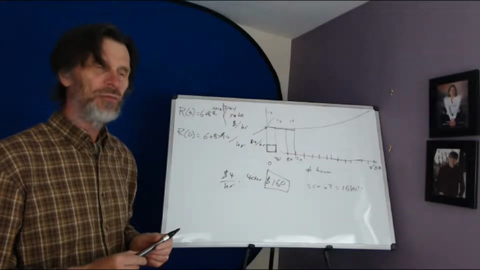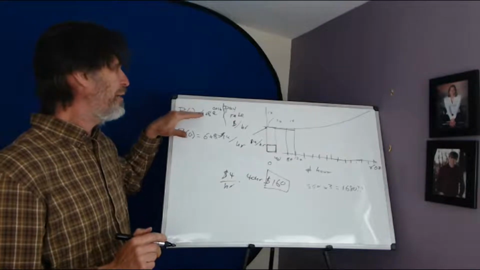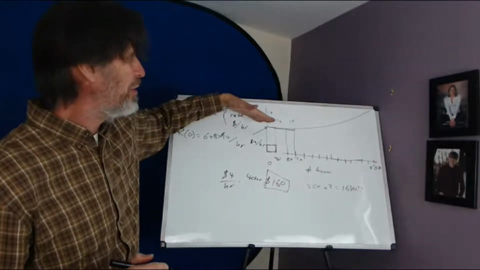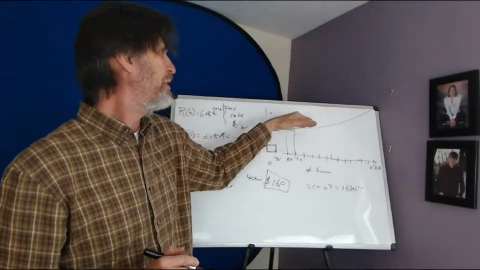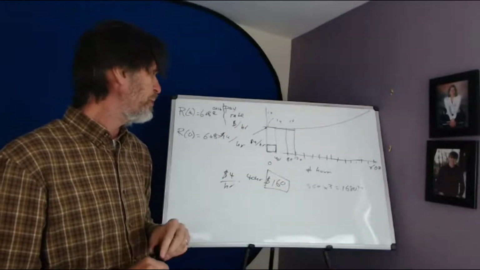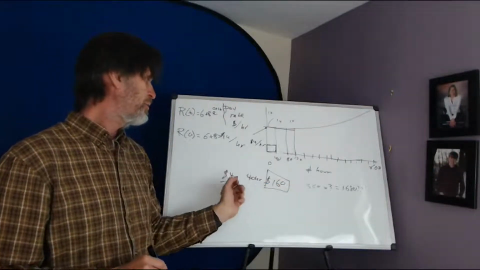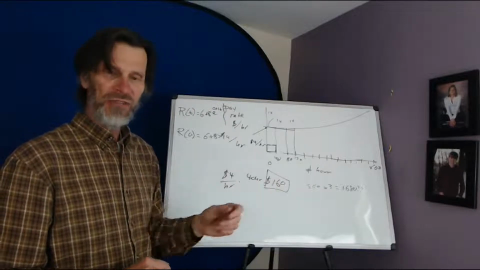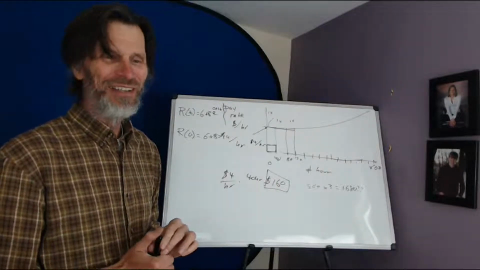Remember again, this is the pay rate. This is how the pay rate changes per hour. This is the number of hours worked. Dollars per hour times hours gives us dollars.